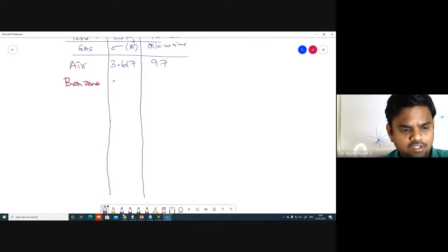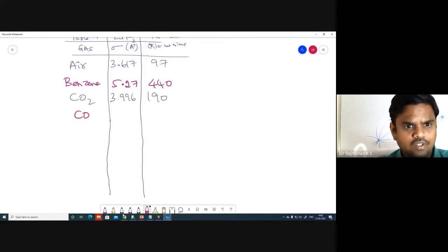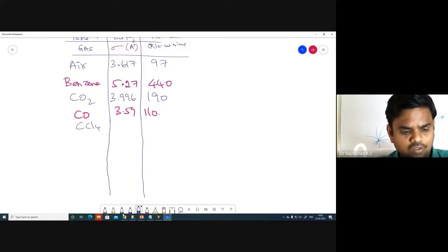For benzene it is 5.27, 440. For CO2, 3.996, 190. For carbon monoxide, 3.59, 110. Carbon tetrachloride, 5.881, 327.